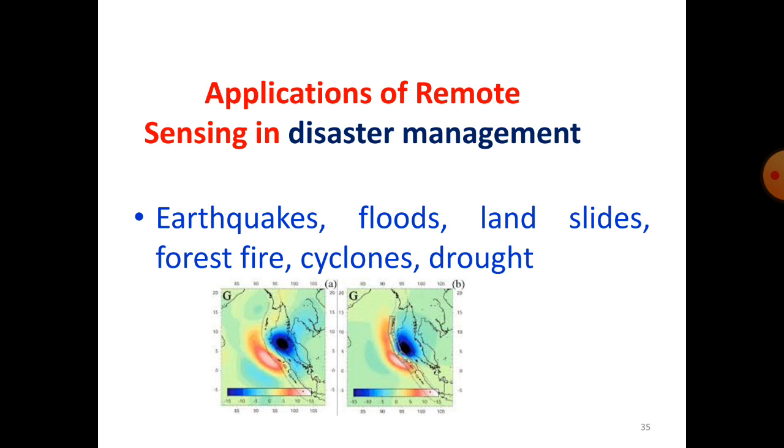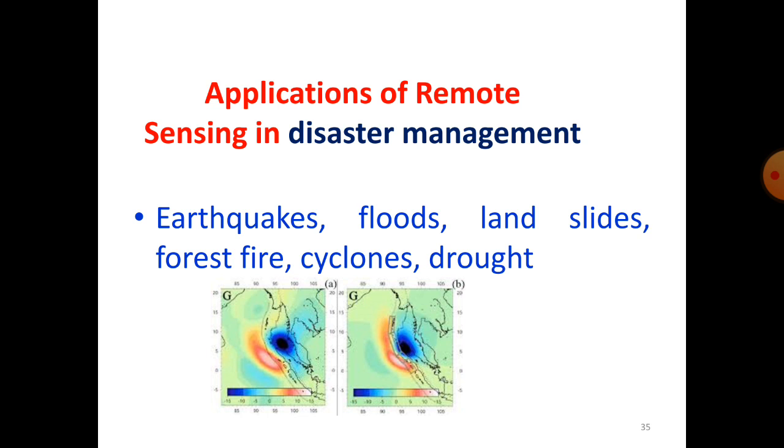Next, we have applications of remote sensing in disaster management. As we know, disaster is something that happens accidentally in the environment or in nature, which is out of the control of human beings. Such natural devastations created in the environment and the ecosystem can be mapped by using remote sensing.